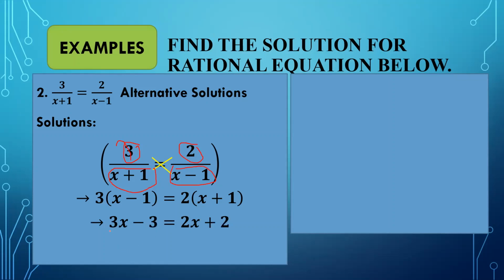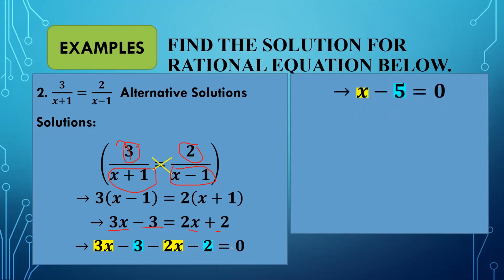We have 3x minus 3 equals 2x plus 2, since 2 times x is 2x and 2 times 1 is 2. Then again, using the transposition or the additive inverse, we have 3x minus 3 minus 2x minus 2 is equal to 0.